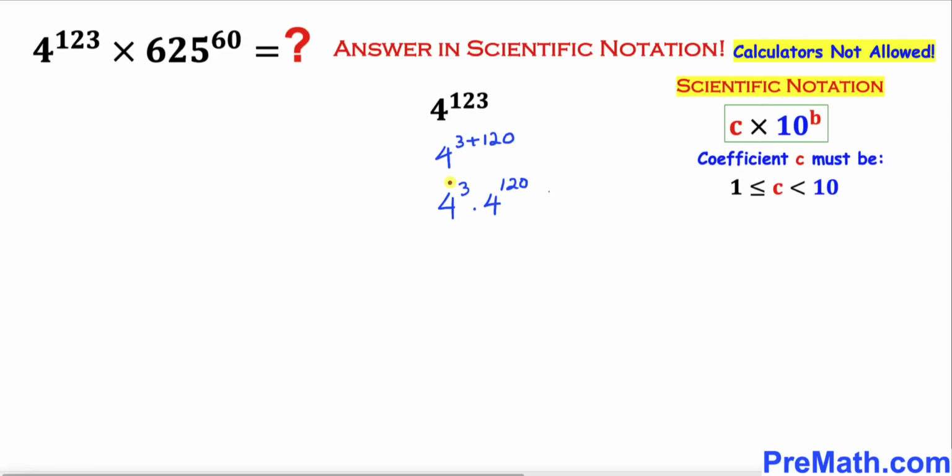And now we know that 4 power 3 is simply 64, and then times 4 power 120. So therefore I'm going to replace this number by this simplified form. So let's go ahead and replace that one. 64 times 4 power 120.